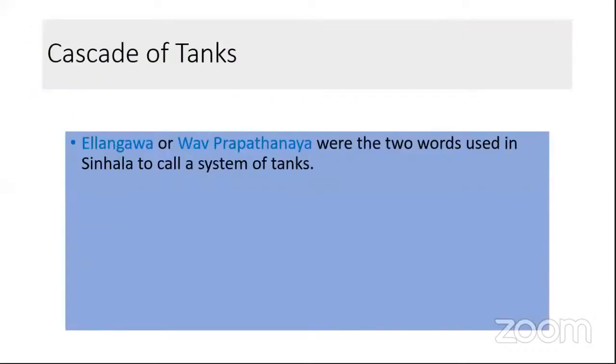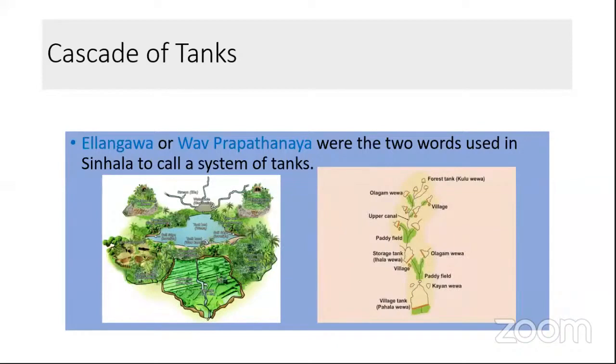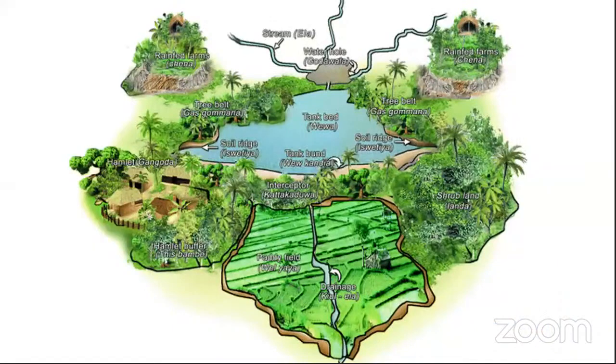Cascade of tanks, Elanga, or Vav Prapatane, we even call it Vav Prapatane. Now see some of these things. These are the Vav Prapatane or cascade of tanks. You can see here that some of the tanks were interconnected through canals.